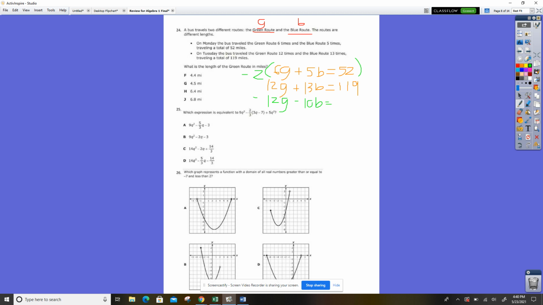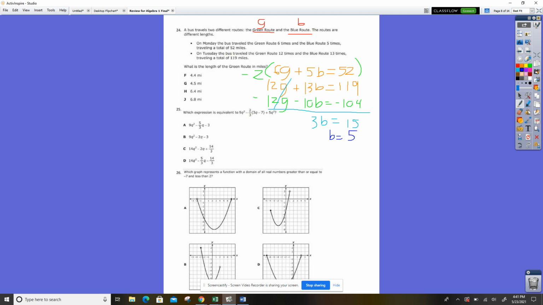Negative 2 times 52 is negative 104. Then I'm going to add these two equations together. My g's cancel, and I get 3b is equal to 15, which means if I divide both sides by 3, b is equal to 5.